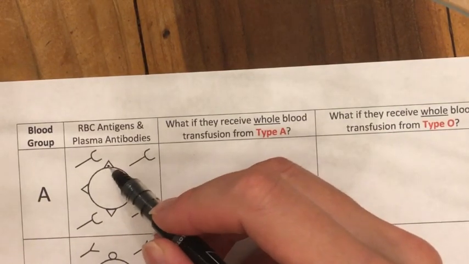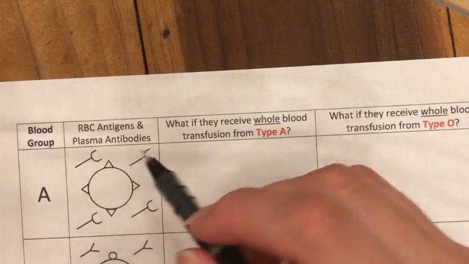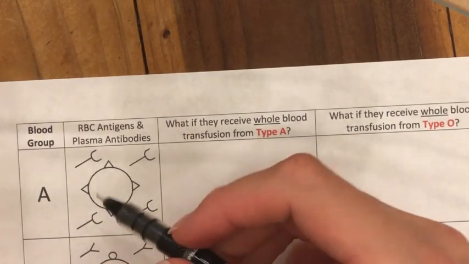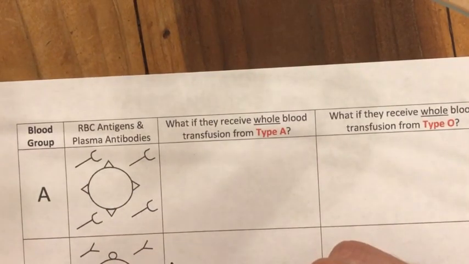The purpose of antigens is they act kind of like a molecular tag, or an identification tag, for cells in your body. All cells in your body have antigens on them, but in this discussion, we are just looking specifically at red blood cell antigens.